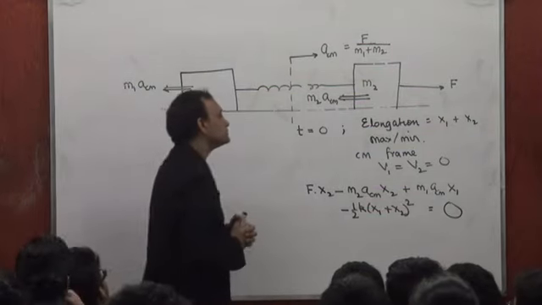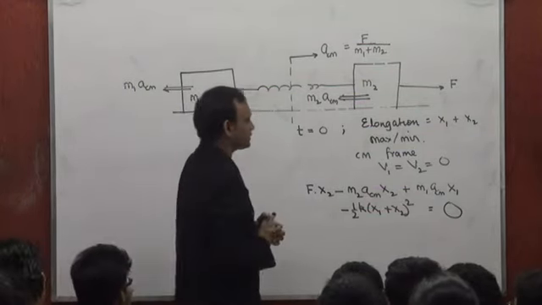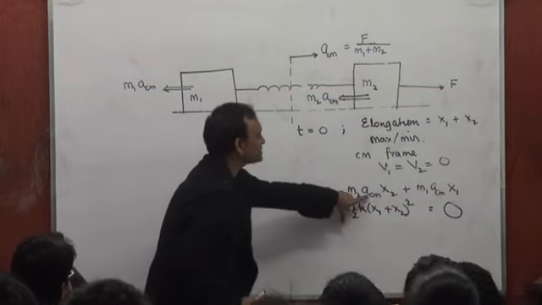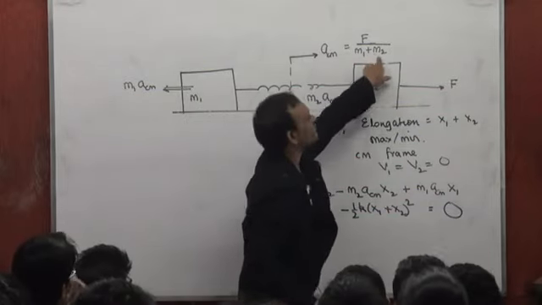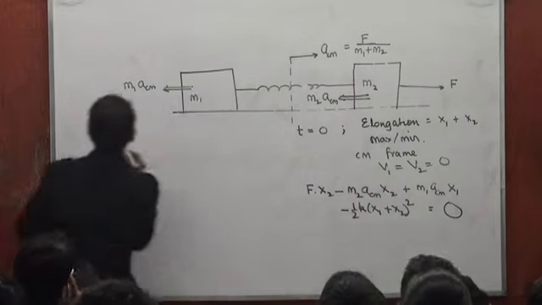Well, no big deal, because realize that this ACM I can write as F by (M1 plus M2).